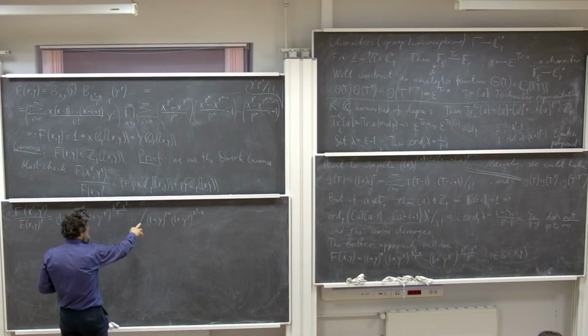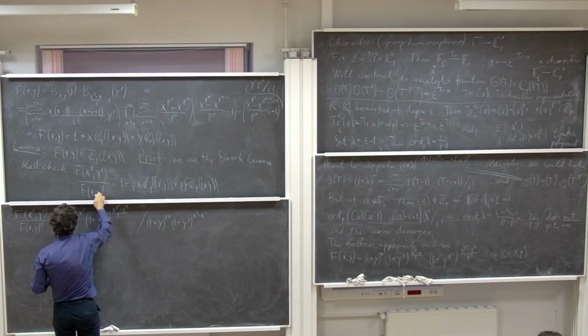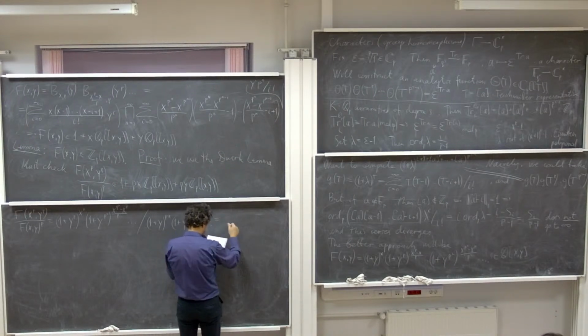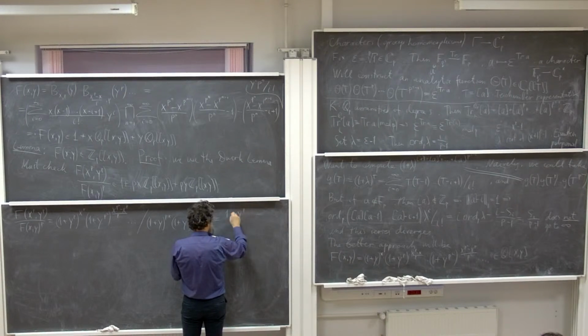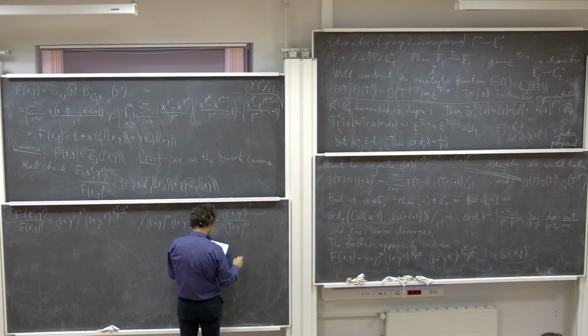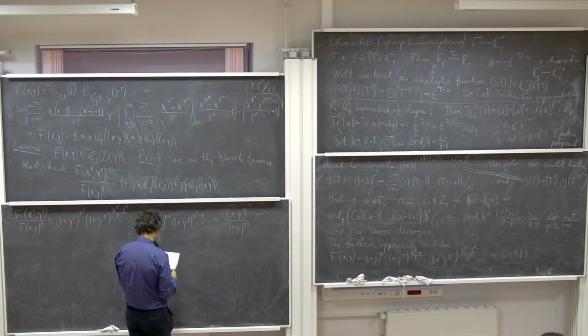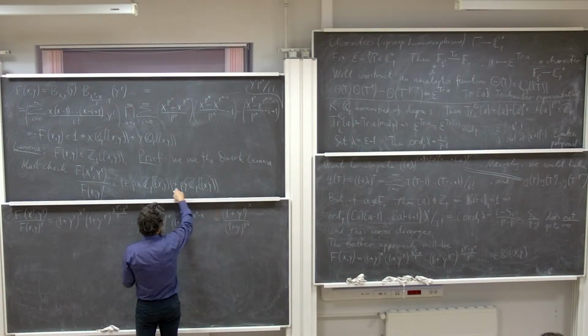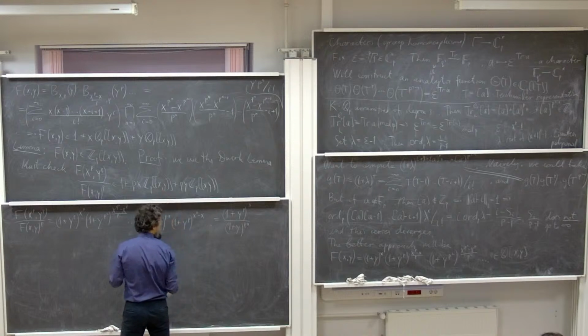Just to take the pth power, well, like here, and so on. And so everything cancels out, and you are left with 1 plus y to the p to the power x over 1 plus y to the power px. Okay. And we will have to check that this is of this sort.